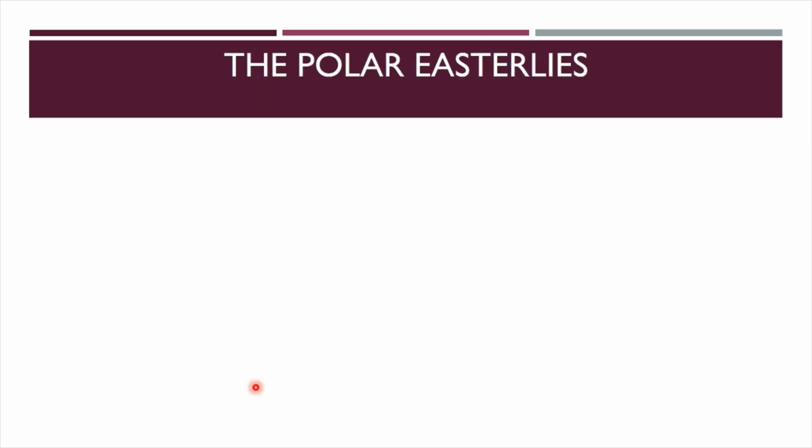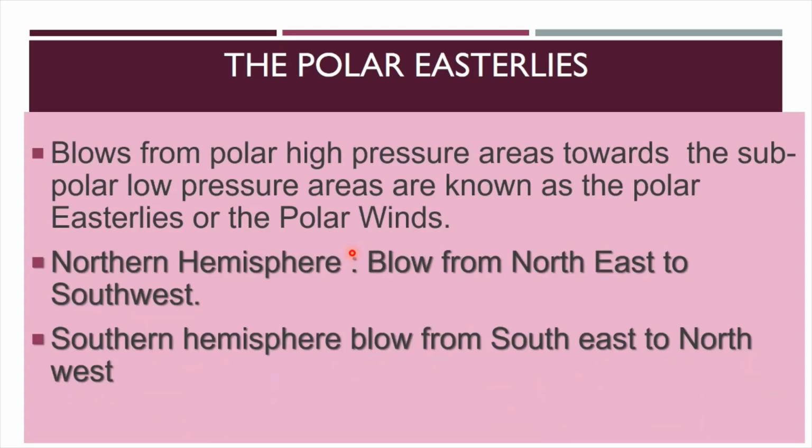Next is about the polar easterlies. Easterlies, always from the east. So the diagram shows, before that, it blows from the polar high pressure areas towards the subpolar low pressure areas.